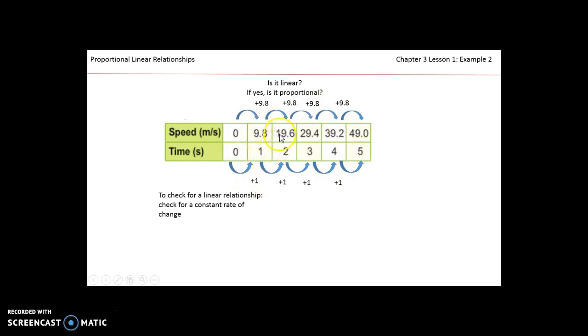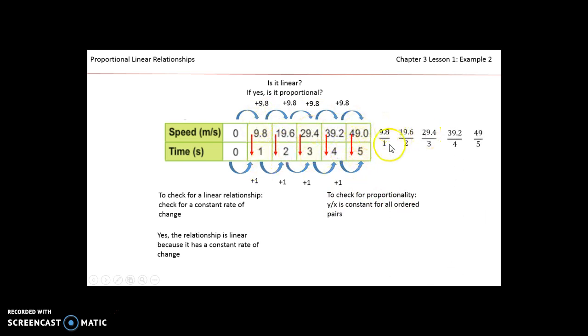And then what we want to do is divide the speed by time. 9.8 divided by 1 is 9.8. All right. So to check for proportionality, y over x. We're going to divide every one of these. And when we do, every single one of these does equal 9.8. Okay. So this is also proportional.